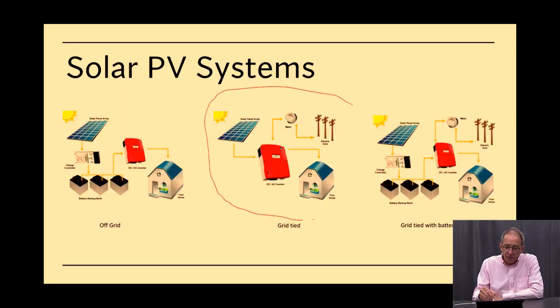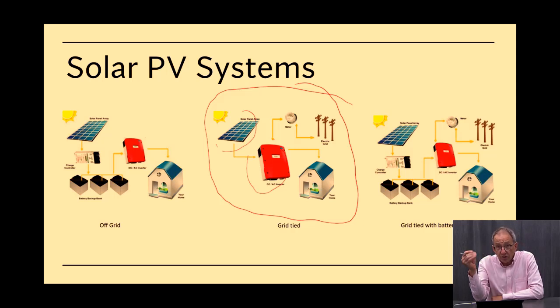Most of our solar PV systems that we use on homes have the solar panels produce direct current, and what we use in our homes or on the grid is alternating current. And so we have a converter to go from DC to AC, and that is tied into our home, along with electricity from the grid.